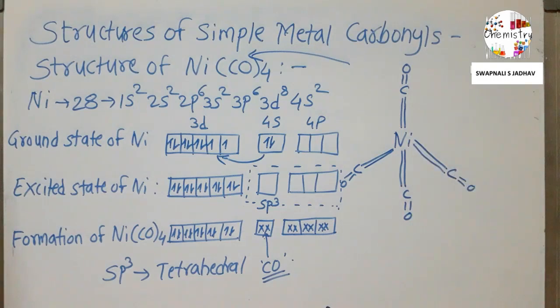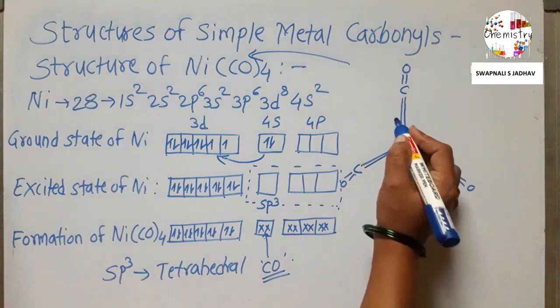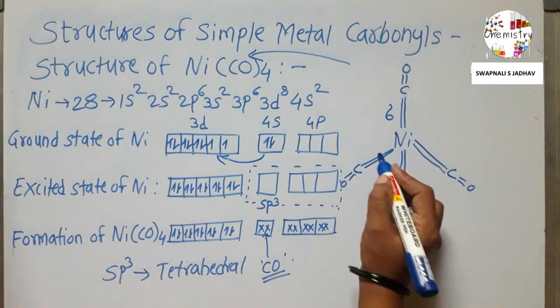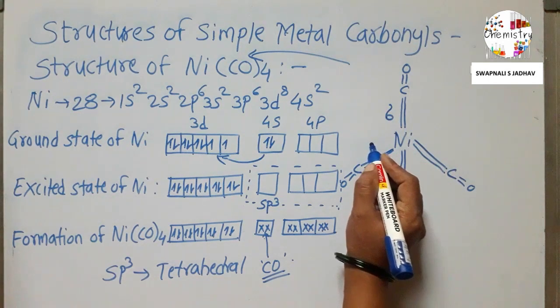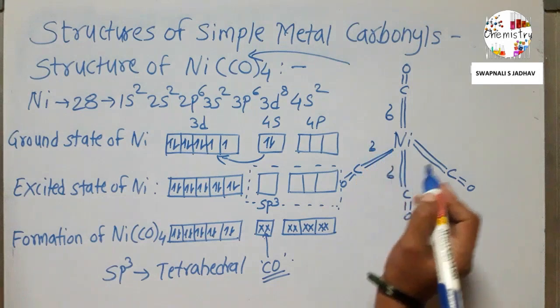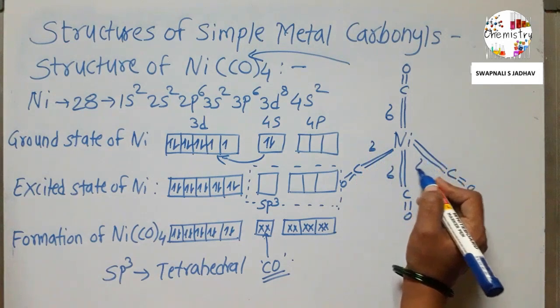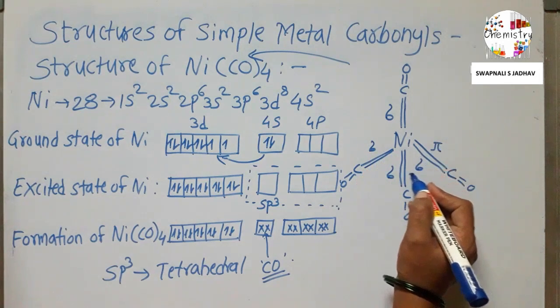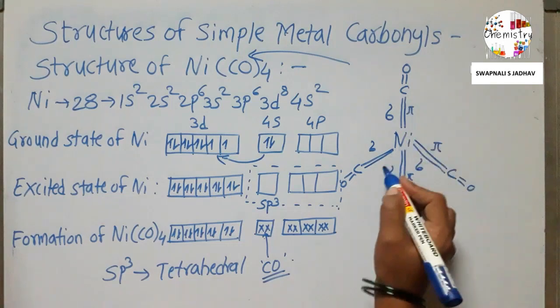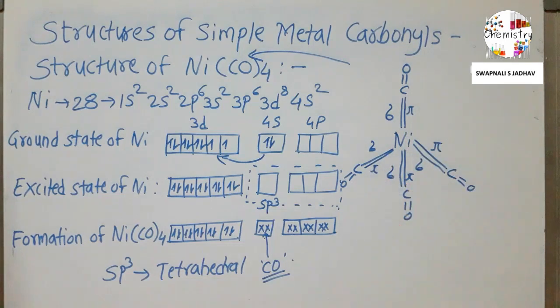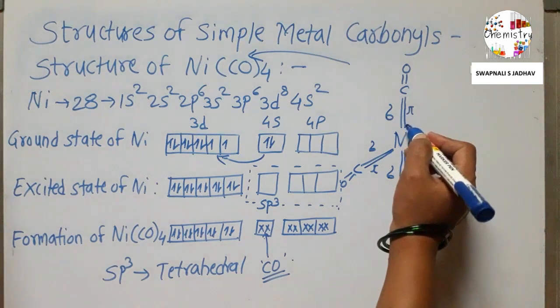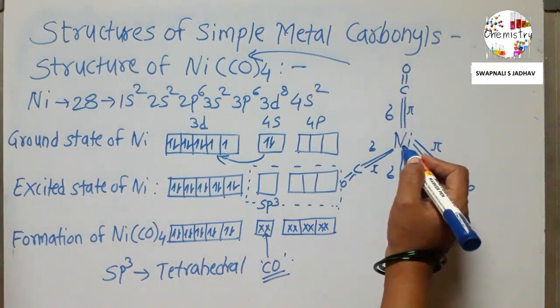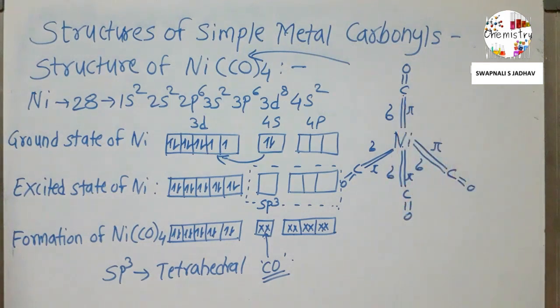Okay, so one is a sigma bond and the other is a pi bond. This one is the pi bond. Thus there is double bond formation between the nickel and the carbon of the carbonyl group.